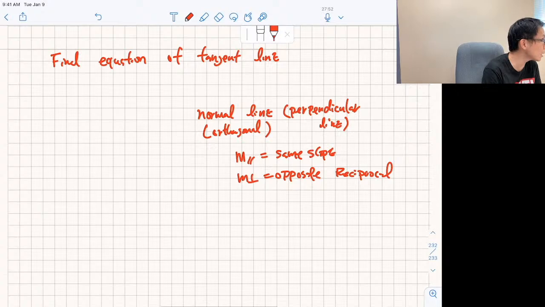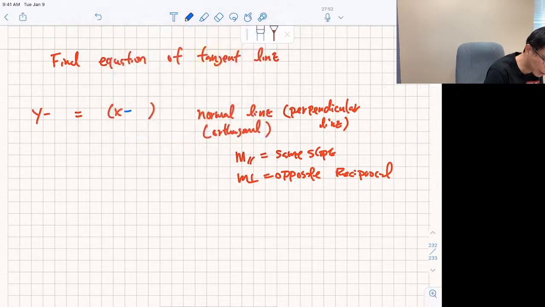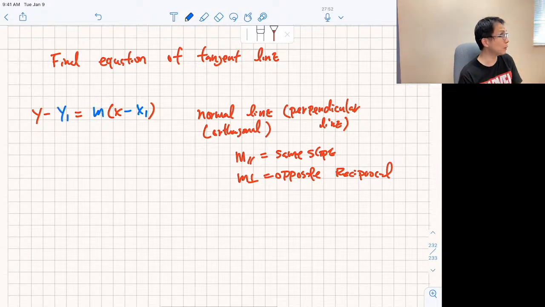Now, go back to algebra 1. One of the best tangent line formulas I use is always this one: y minus y1 equals m times x minus x1. This is m, and this is y1. So if you have these three pieces of information, that's going to be the equation of the tangent line.